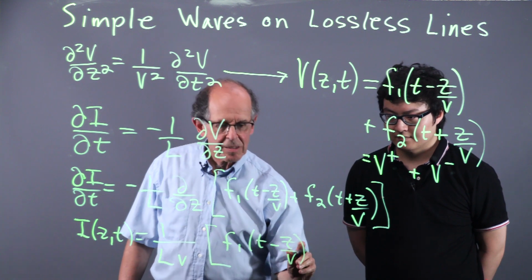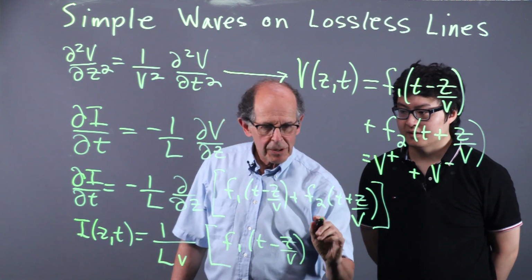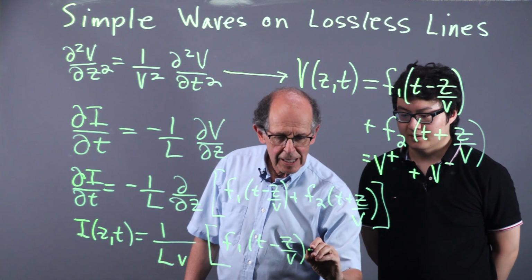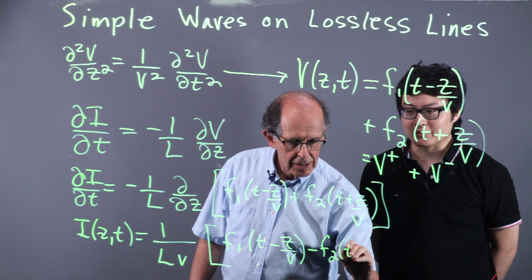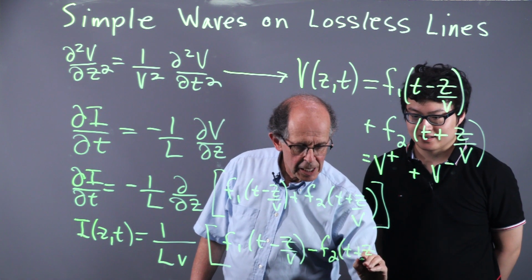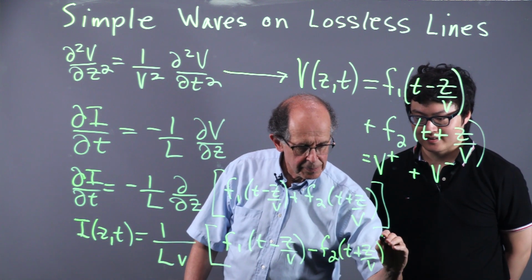Now here's the thing that you absolutely have to remember. It's not a plus sign. That's what you have to show. That's what you get if you do the chain rule and the integration properly.